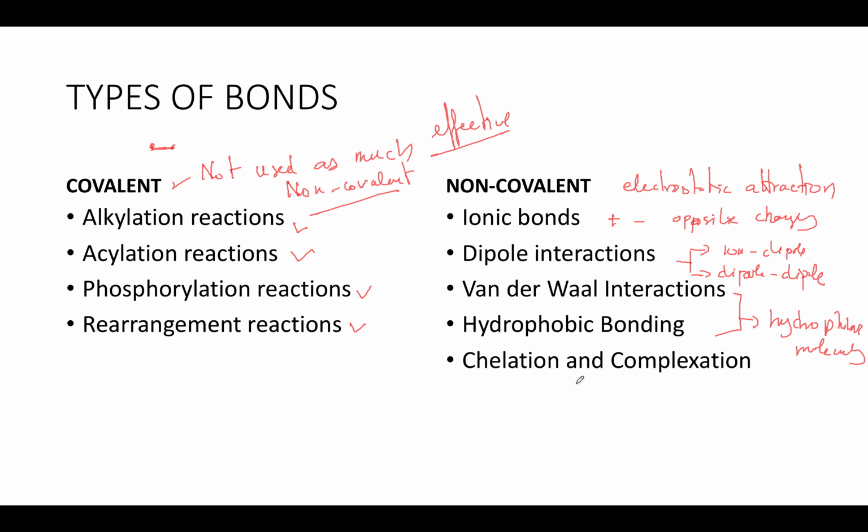And finally, chelation and complexation involve the presence of positively charged compounds, usually metals, with negatively charged compounds, very likely to be either conjugate bases, or you can also have negatively charged amino acids.